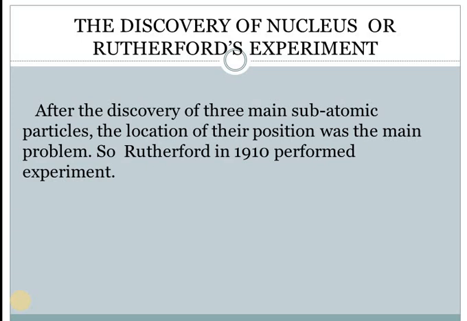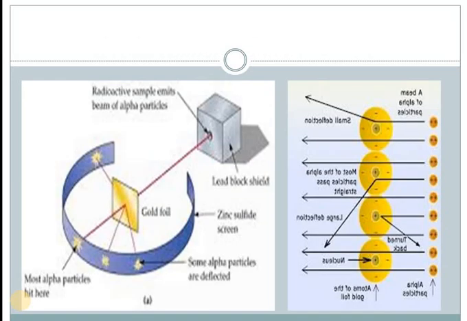Rutherford performed an experiment in 1910, with the help of which he proved the position of these three subatomic particles. Mostly this question comes in exams: explain the discovery of the nucleus, or explain Rutherford's experiment.